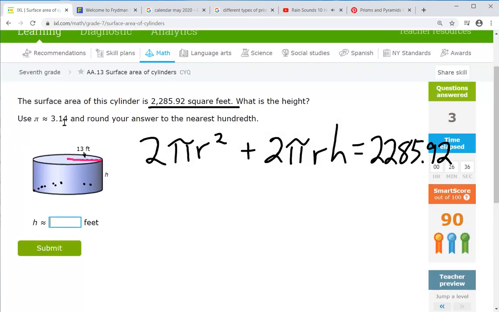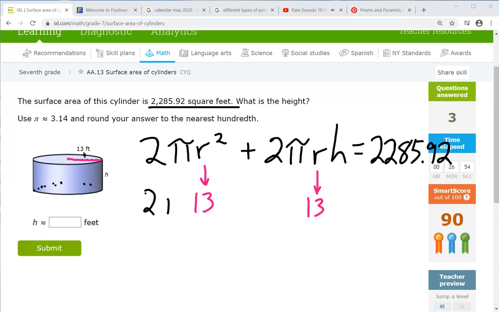So we have the radius of the circle is 13 feet. So let's just plug that in everywhere that we see an r. So that would be over here, and that would also be over here. And now let's just write the rest of the equation exactly the same as it was.